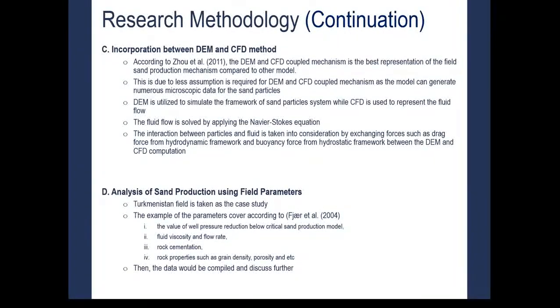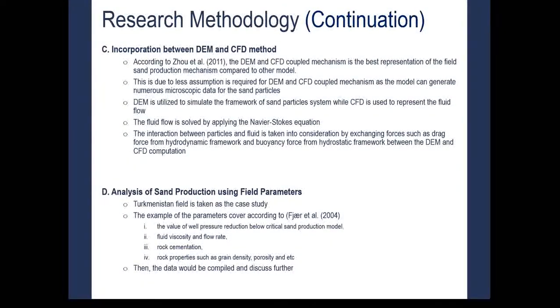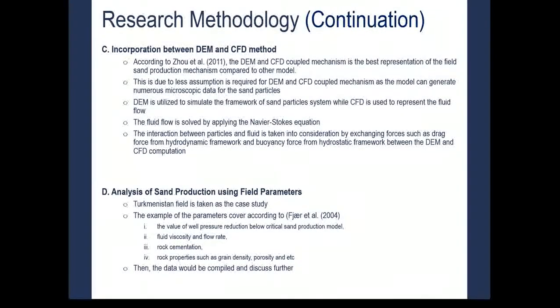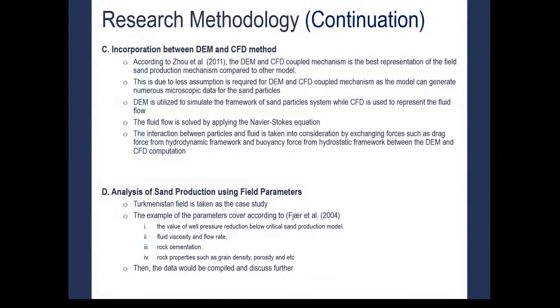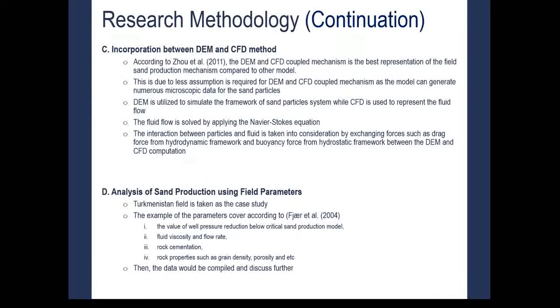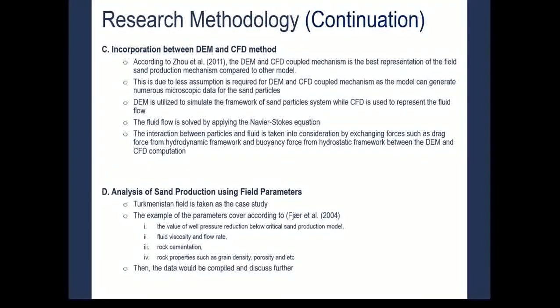And after that is the analysis of sand production using field parameters. Among the data required from the Turkmenistan field are the value of well pressure reduction below the critical sand production model, fluid viscosity and flow rate, rock cementation, and rock properties such as grain density, porosity, and etc. After the analysis is done, the data will be compiled and discussed further.